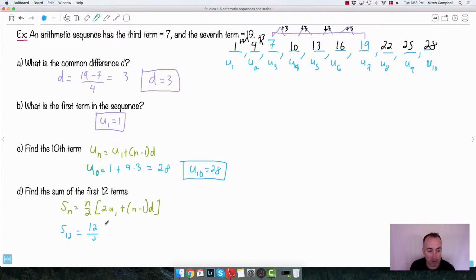So 12 over 2 times the first term. Remember, the first term is 1. 2 times 1. Plus 12 minus 1, which is 11, times d, which is 3. What's that? Well, 12 over 2 is 6 times 2 plus, this right here is 33.